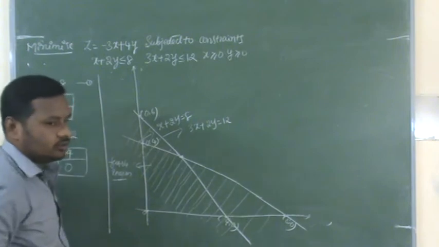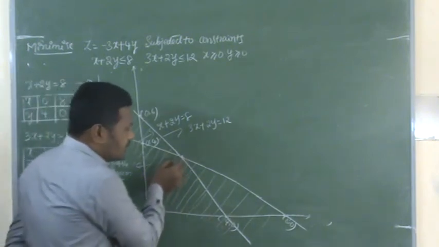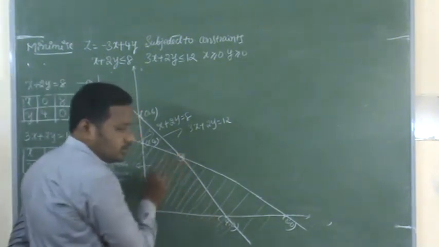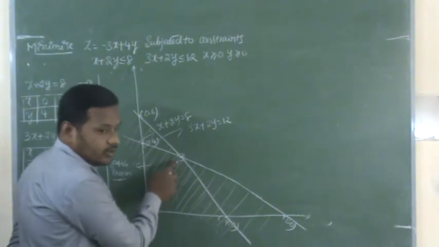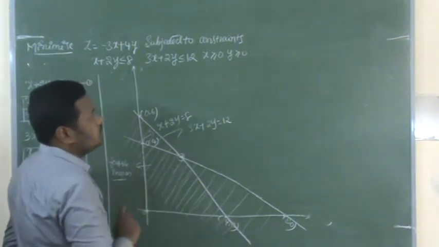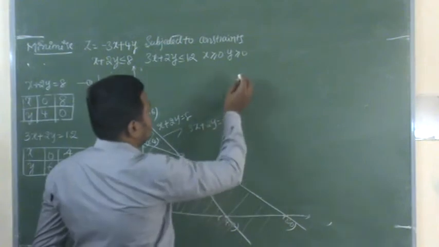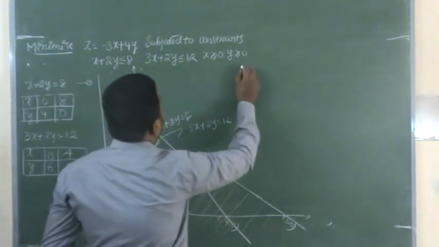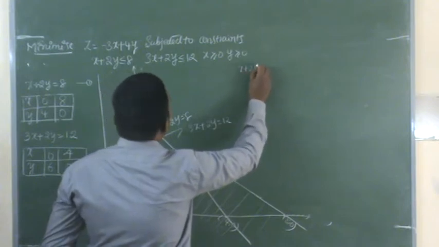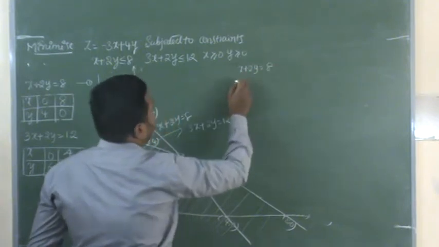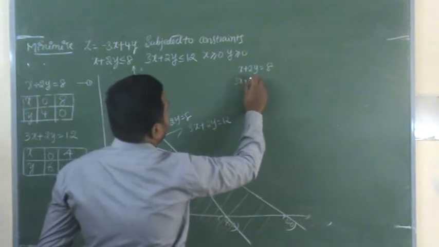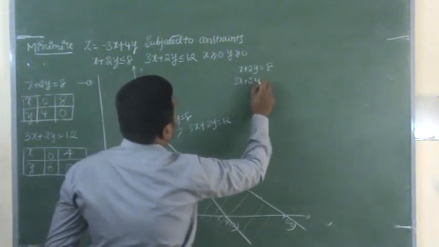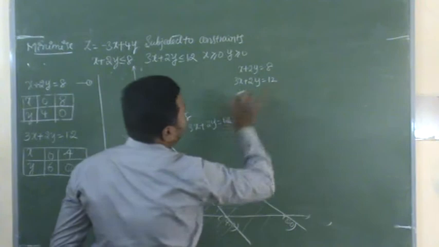Now we have to find the intersection of these two lines. Solving these two equations, x plus 2y is equal to 8 and 3x plus 2y is equal to 12.